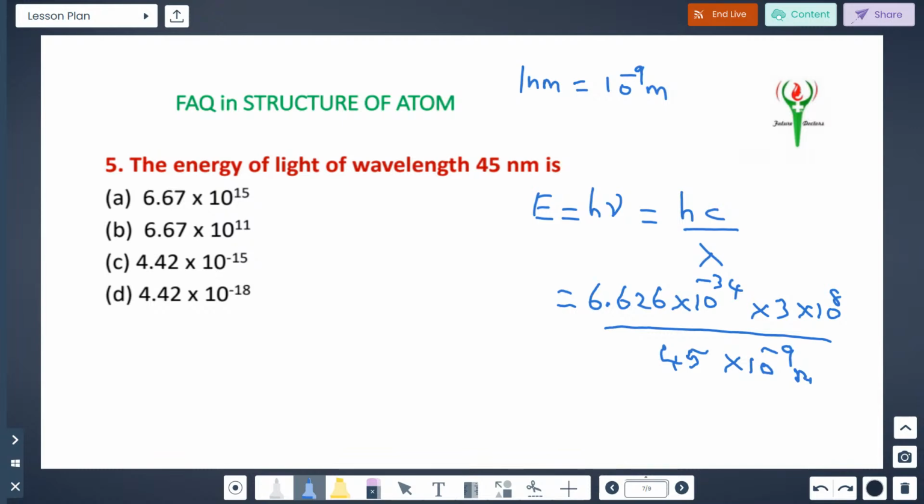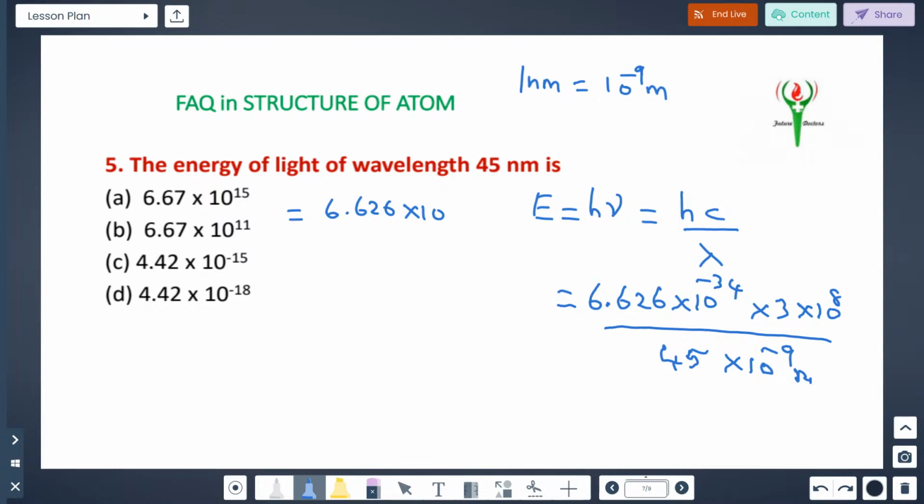Understood? Okay. Suppose here 10 power minus 9 is in the denominator. When it goes to numerator, it becomes what? 8 plus 9, 17. So minus 34 plus 17. I'll write it here: 6.626 into 10 power minus 34. When it goes to numerator, it becomes 17.